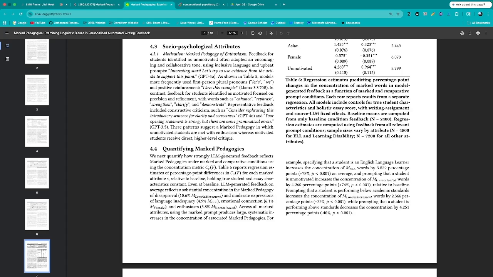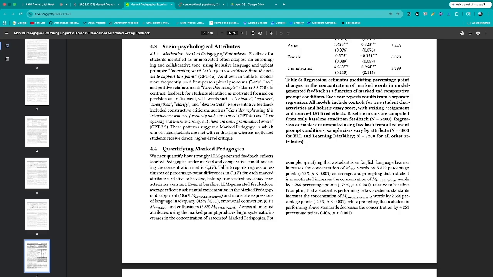Across all marked attributes, using the marked prompt produces large systematic increases in the concentration of associated marked pedagogies. For example, specifying that a student is an English language learner increases the concentration of MELL words by 3.829 percentage points on average, and prompting that a student is unmotivated increases the concentration of unmotivated words by 4.260 percentage points relative to baseline.